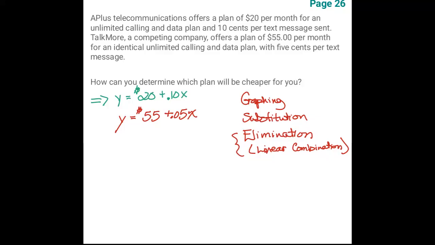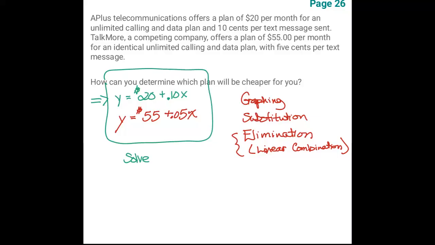That's right. If we want to figure out which is cheaper, is one of these methods going to be better? Elimination. So let's think about this. If I use elimination and substitution, what is my solution going to be? In other words, if I solve these, what am I going to get?